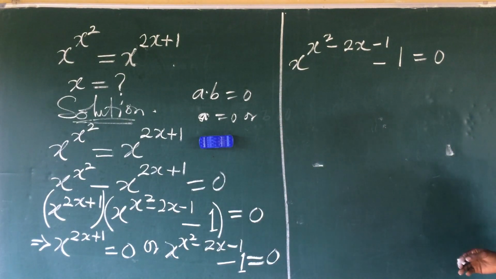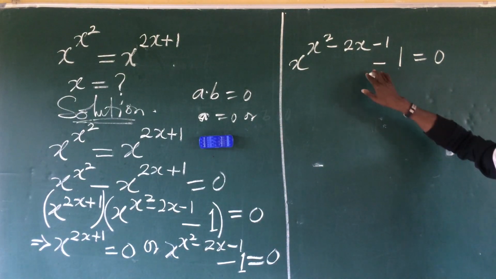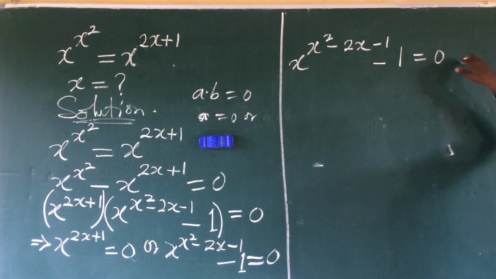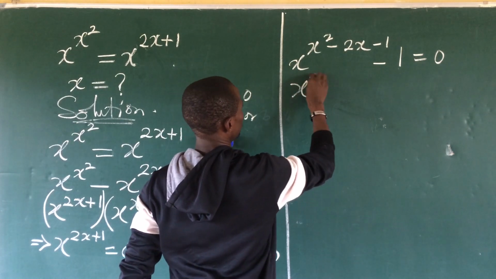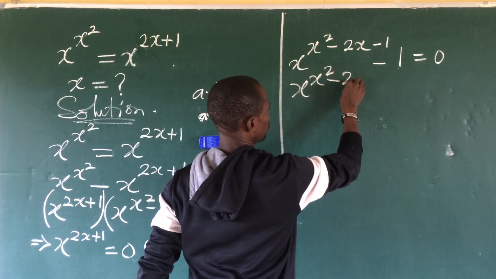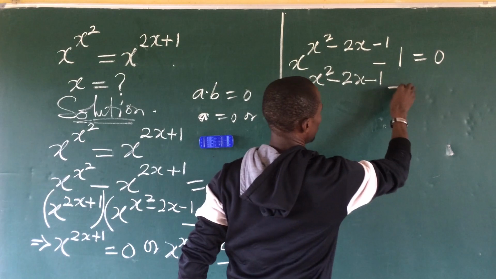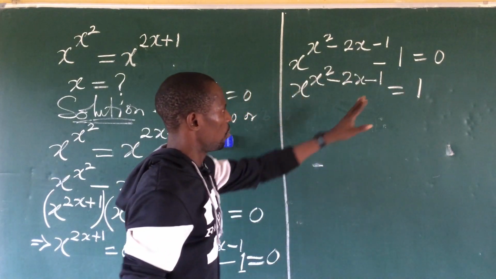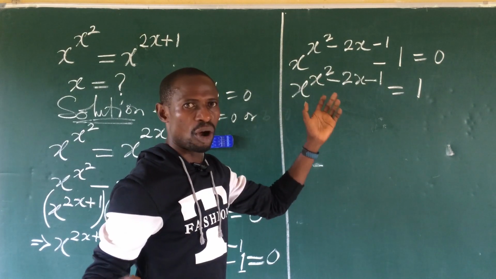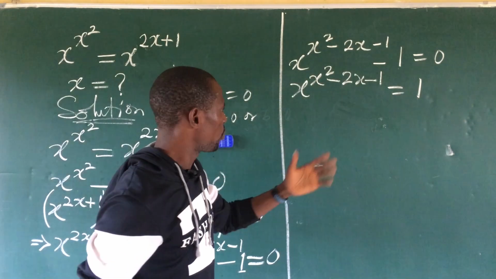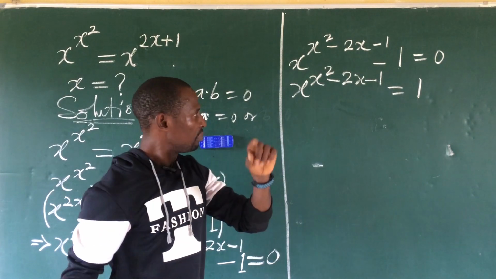Very easy. What we do here is send this minus 1 to the other side of the equation. So we have x to the power of x squared minus 2x minus 1 equal to positive 1. What we do again is take the log to base 10, or we take the natural log, which is ln base e.